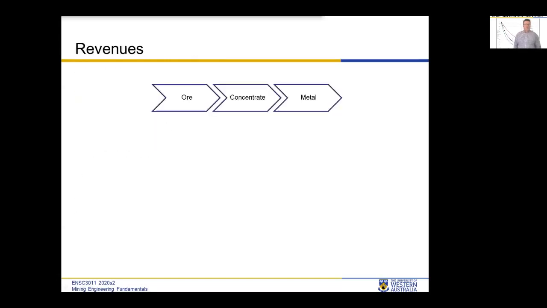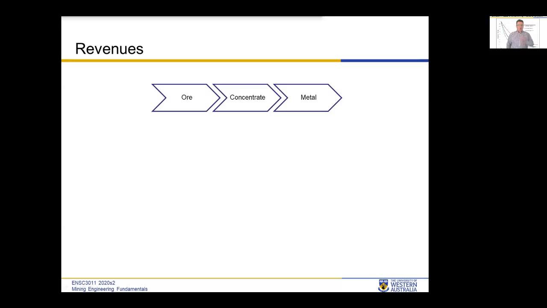Just on revenue, it's important to note what you're selling. That might sound a bit strange, but as a mine, you produce ore, and you can sell the ore literally at the mine gate, and then it goes to another operation which concentrates, which then sells onto another operation which produces pure metal.